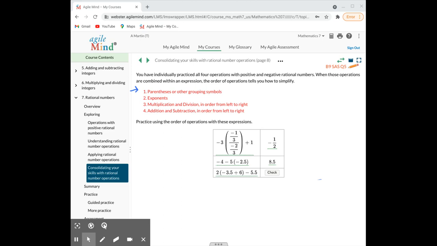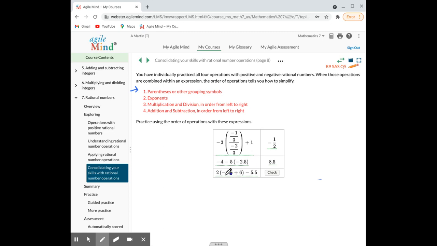Who can help Chandler out? What are we going to do first? Miranda, what do you think we should do first? Sarah, what do you think we should do first? Do parentheses first. Thank you. That's exactly what we're going to do.